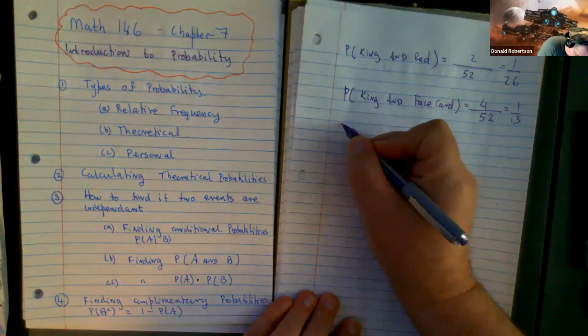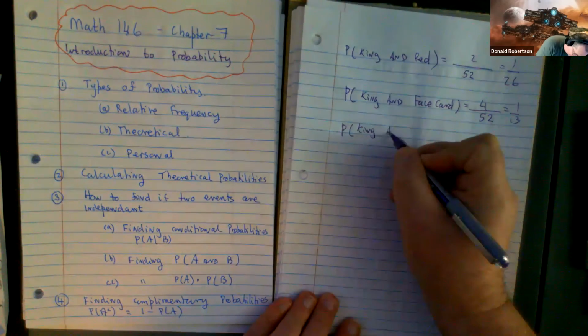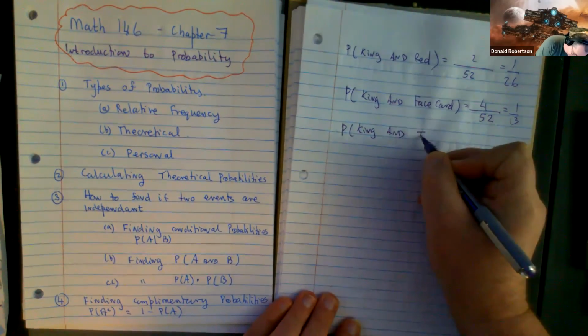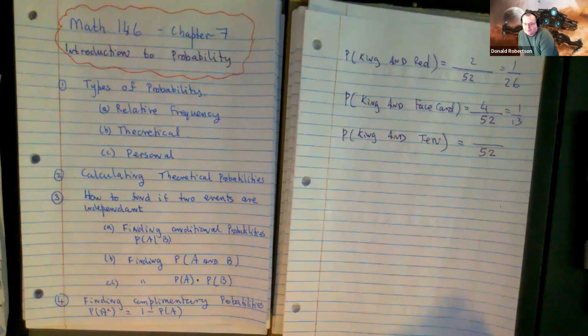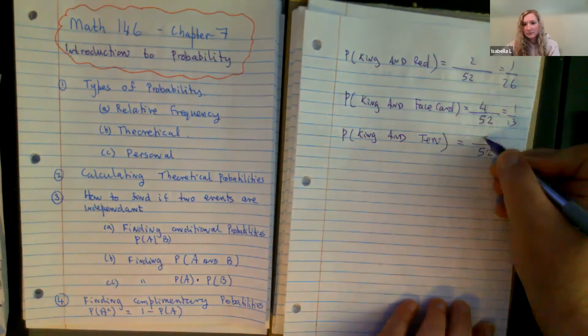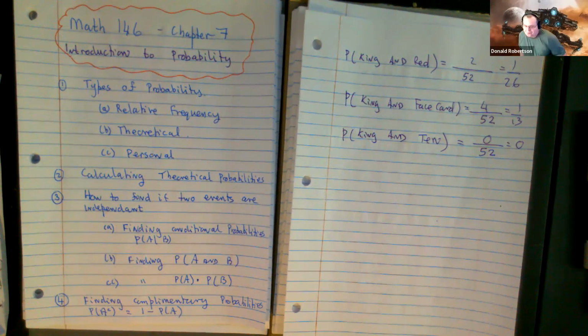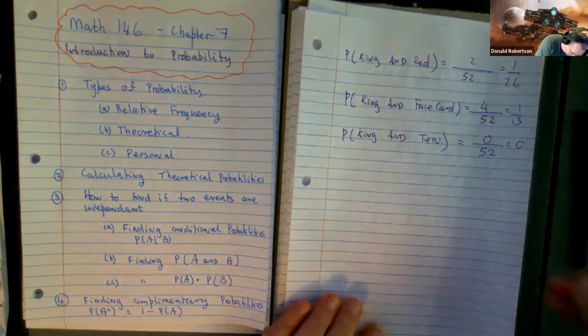Now this one is also a trick question. How many cards are both kings and 10s at the same time? None? Would you agree that kings and 10 cards are mutually exclusive?